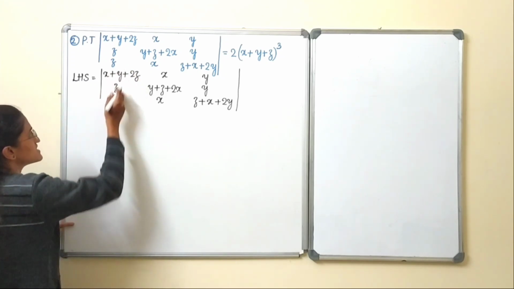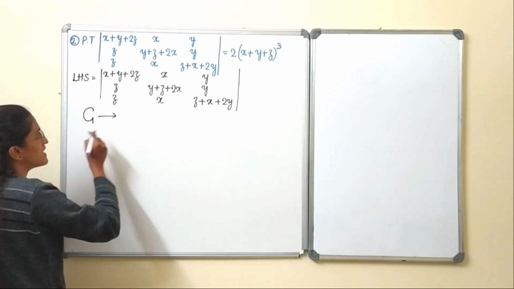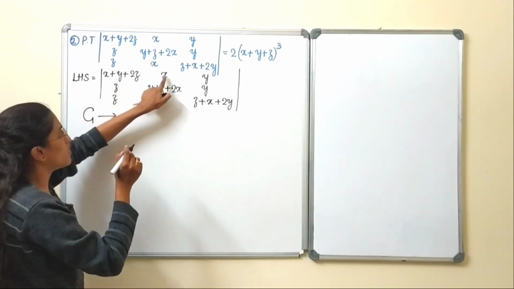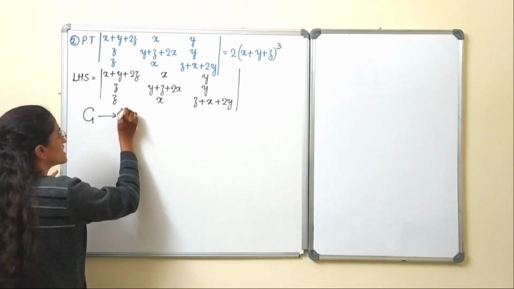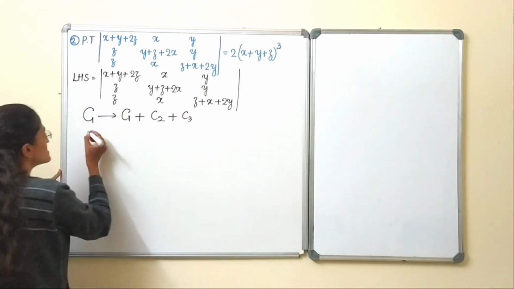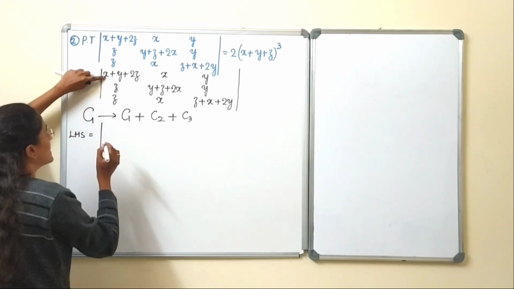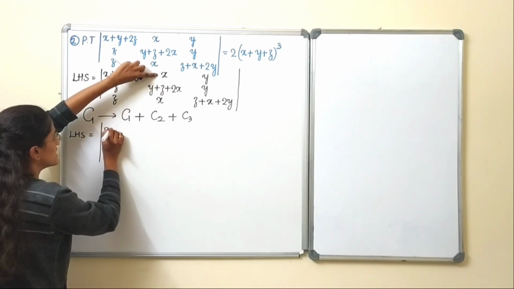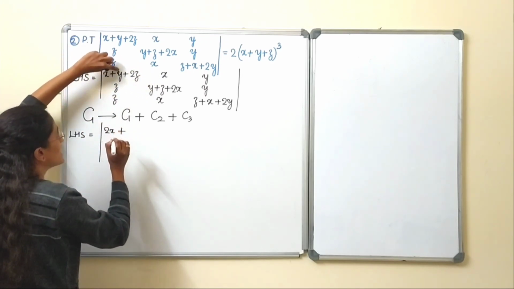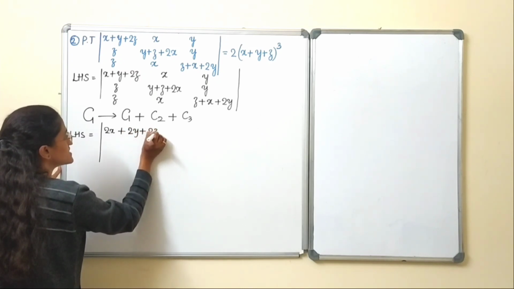I am changing the first column: I can add all the three columns, and hence we get C1 plus C2 plus C3. The resultant determinant now will be equal to x plus x, 2x, plus y plus y, 2y, plus 2z.